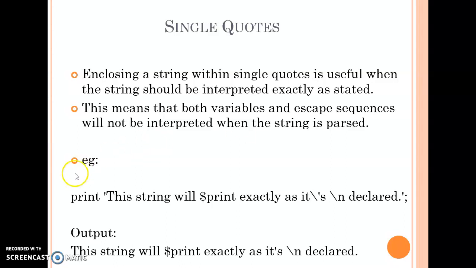In this example, print "this is a string will be $print exactly as it is" and backslash n. Here $print is a variable and backslash n is a new line character, but they will not be parsed in single quotes. Whatever data we display inside single quotes must be displayed in the output.